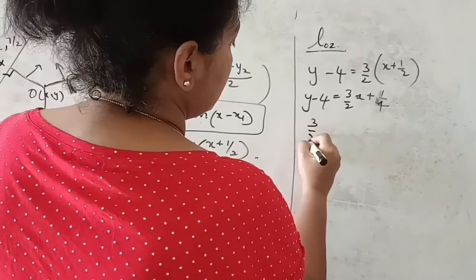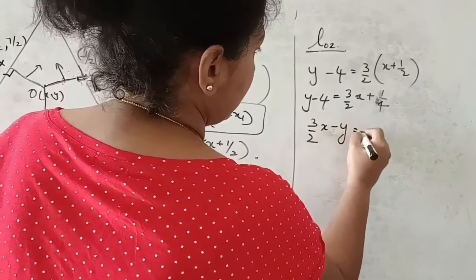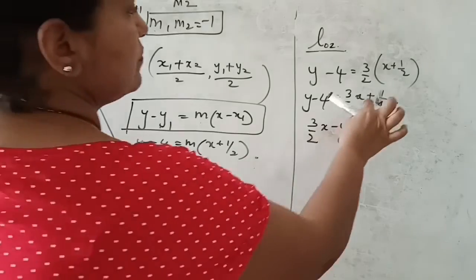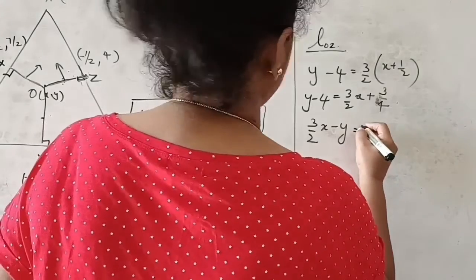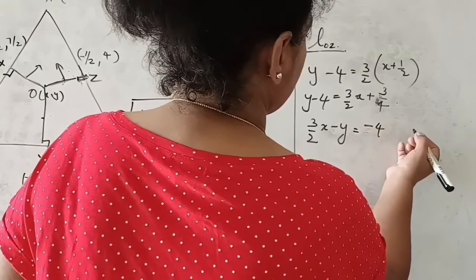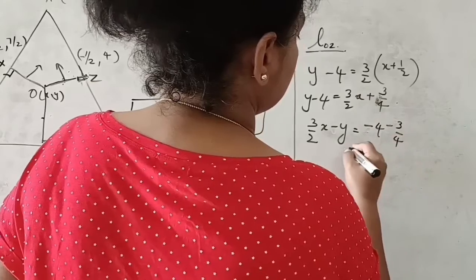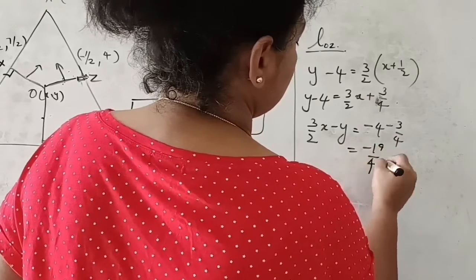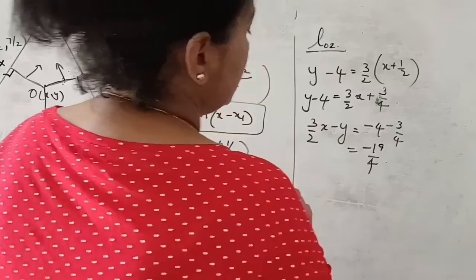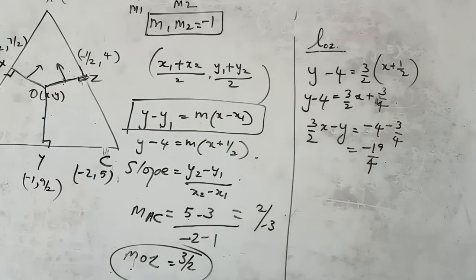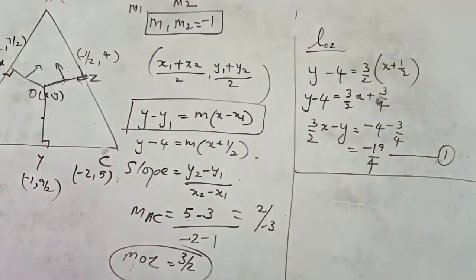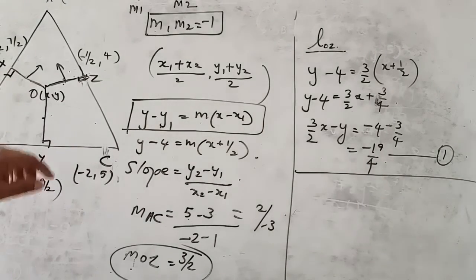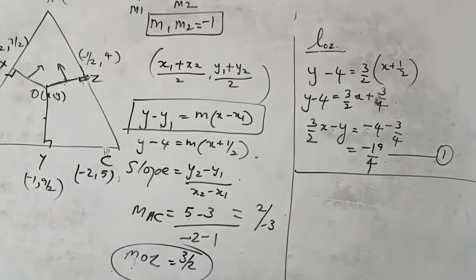After transposing, my equation is 3 by 2 x minus y is equal to minus 19 by 4. That is the equation of my line OZ. This is my first equation. Now I need to find out the equation of the line OX.